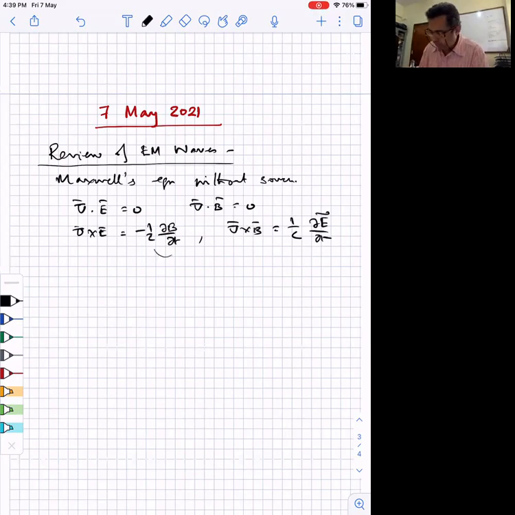So from these two equations, you can get the wave equation.